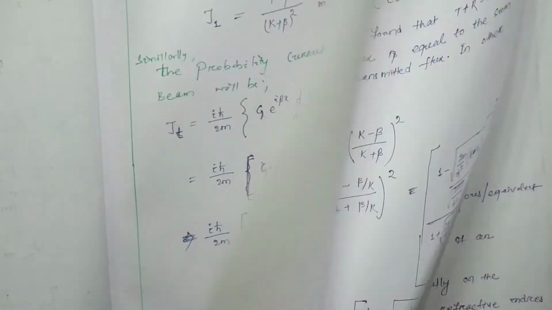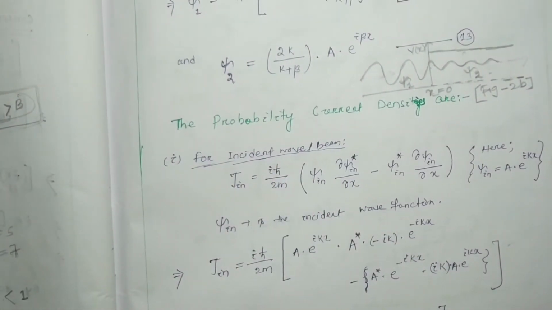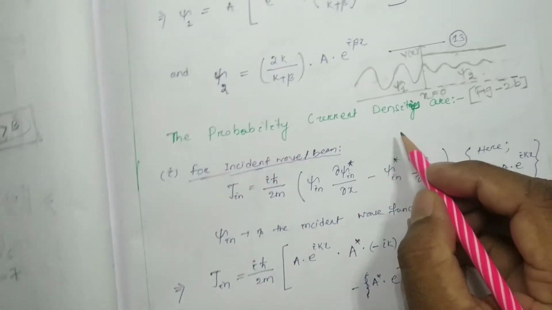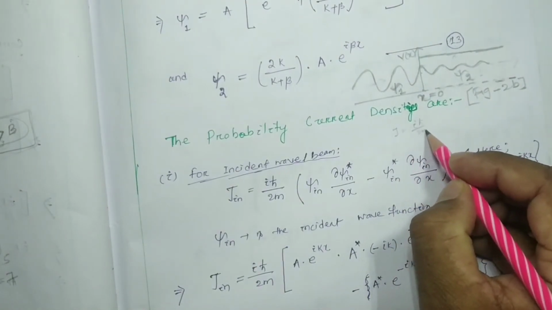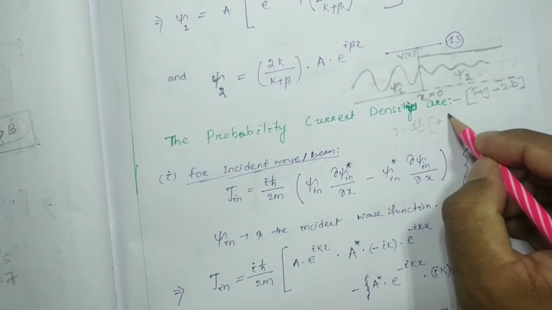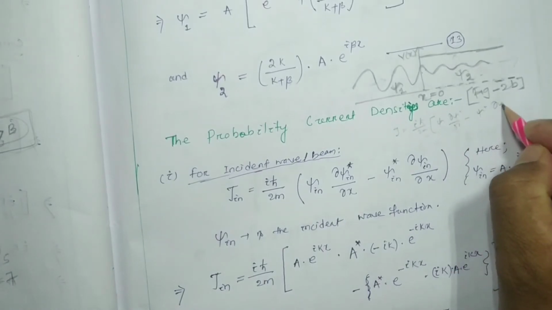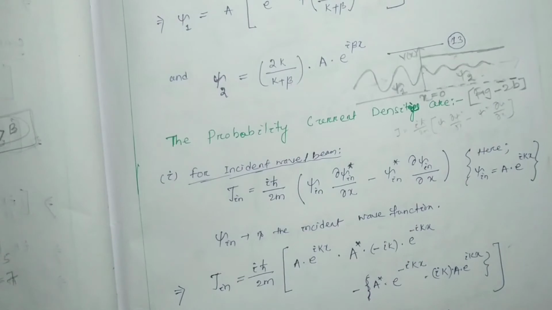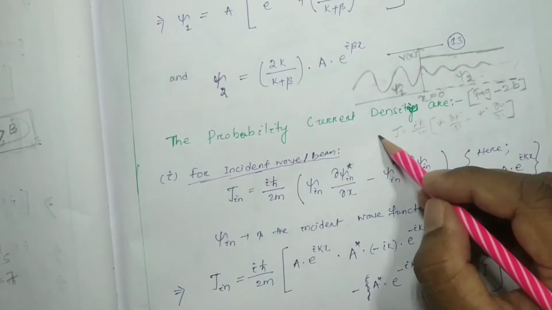That we are going to calculate now. So we know that the probability current density, as in the formula, is i h cross by 2m into (psi del psi star by del x minus psi star del psi by del x). This is the general formula for the probability current density.